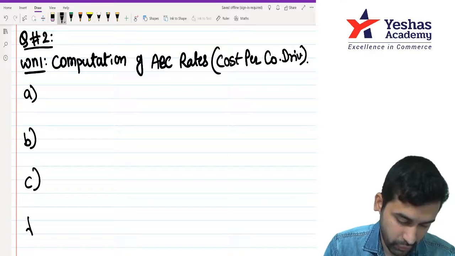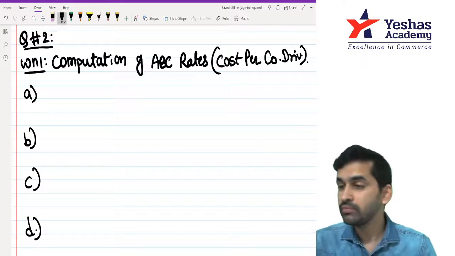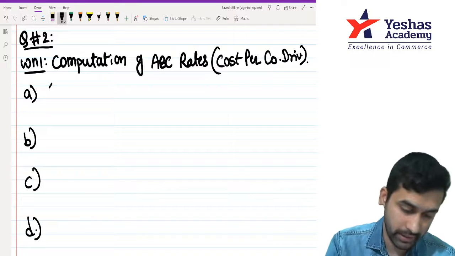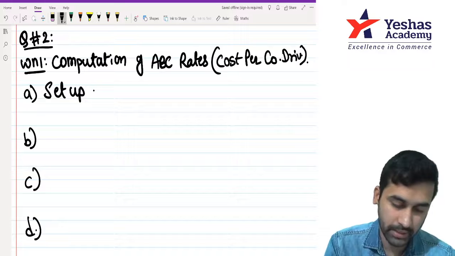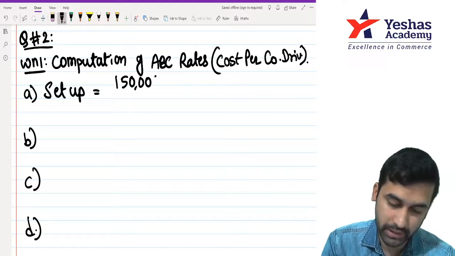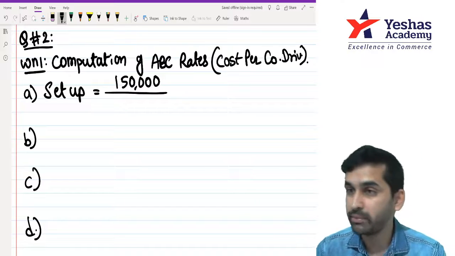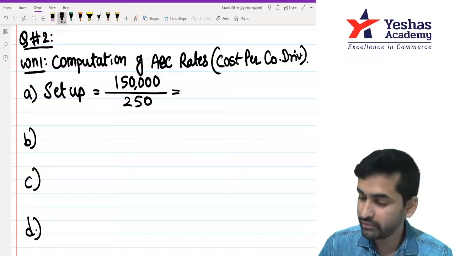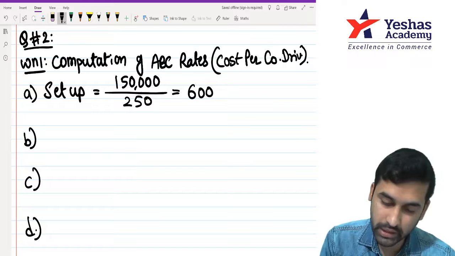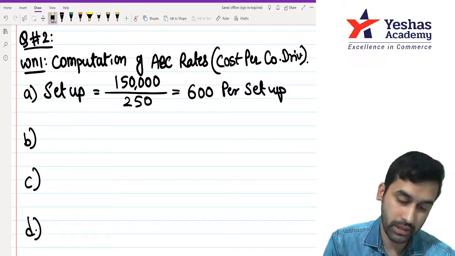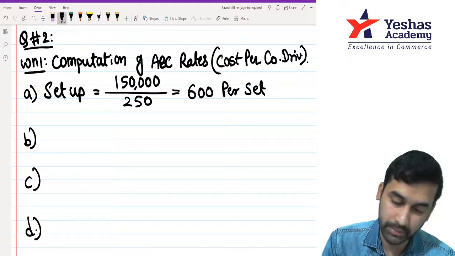I have 4 items, 4 departments, 4 activities. First one is setup. 1,50,000 rupees to be divided by 250 setups. 1,50,000 divided by 250 will be 600 per setup.